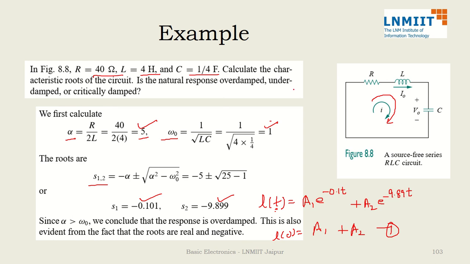The second time, I take differentiation on both sides, that means di by dt is d by dt of a1 e raised to power s1 t plus a2 e raised to power s2 t, and in this I put t equal to 0. I am going to get a second equation in a1 and a2. Solve the first and second, and you get the values of a1 and a2.